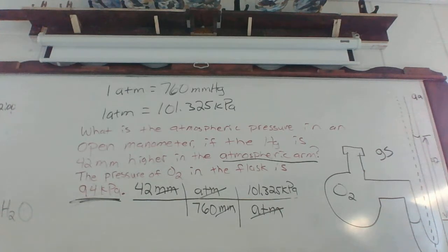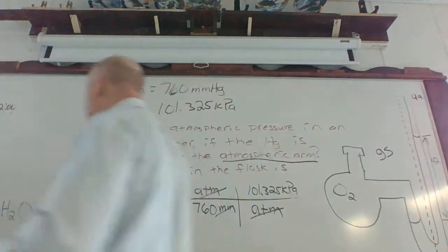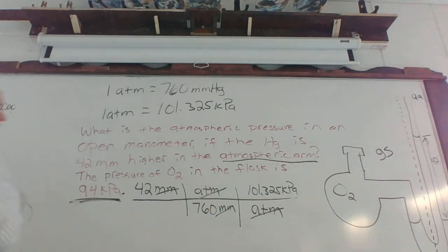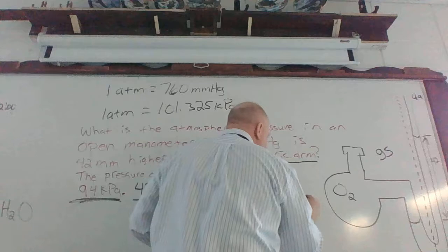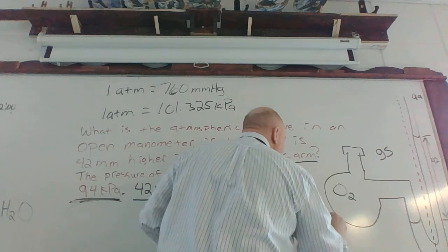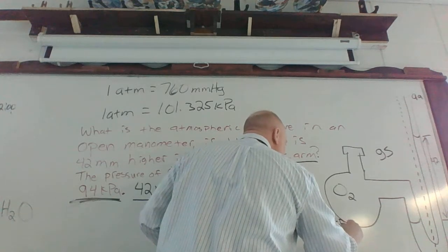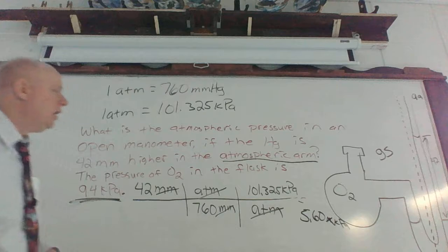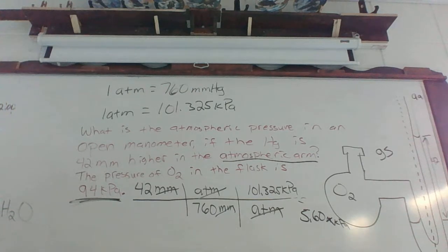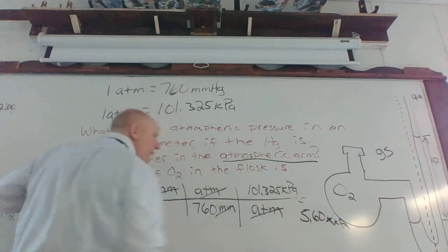That gives us an answer of 5.59, which we will say 5.60. So that equals 5.60. Almost did it again. Kilopascals. Almost wrote millimeters of mercury. So kilopascals. Now we've got two numbers with the same label on there.